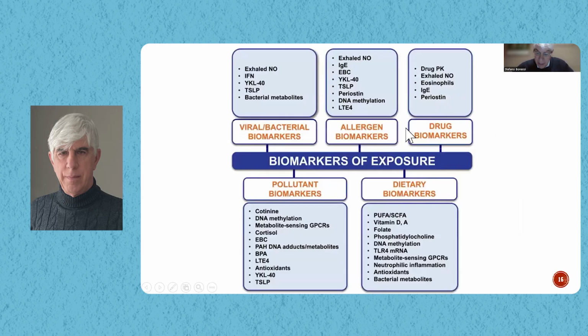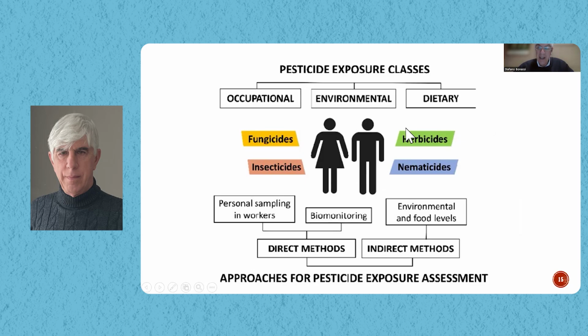Think about the exposure of pesticides in the food, think of the skin of the fruit, but we may have fungicides, insecticides, nematicides, herbicides, and exposure assessment can be really, really complicated because we have a mixture of pesticides.